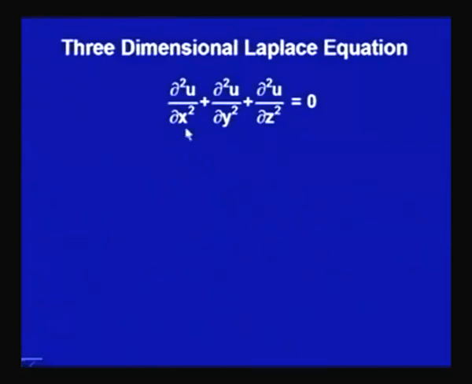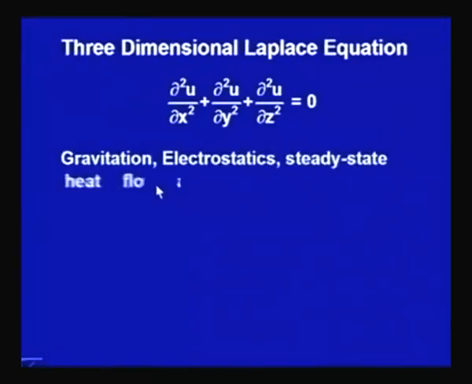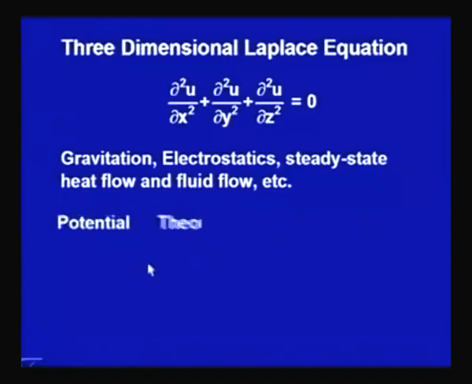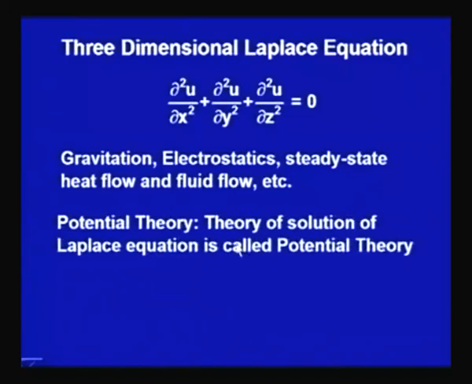The left hand side of this equation is called the Laplacian. This is a very important equation in physics as well as in engineering applications. It arises mainly in gravitation, electrostatics, steady state heat flow and steady state fluid flow. The theory of solutions of this Laplace equation is called potential theory.